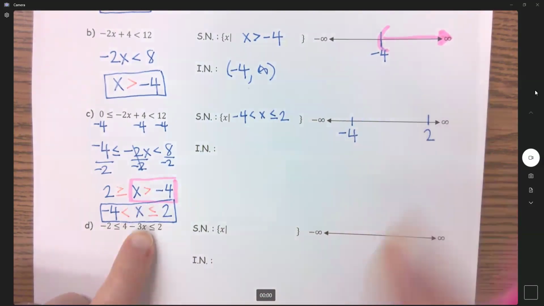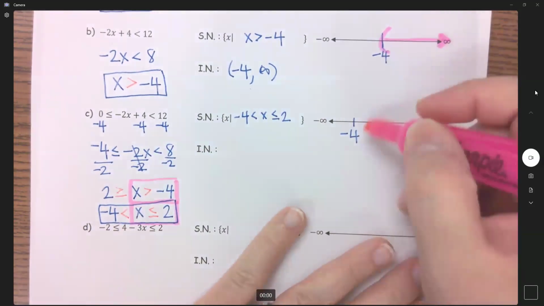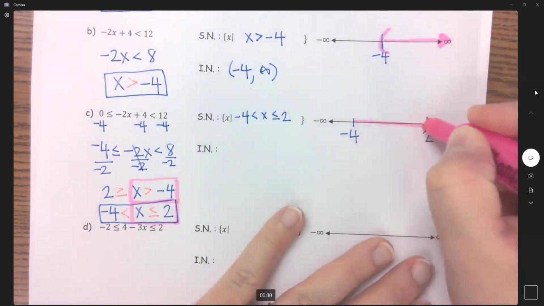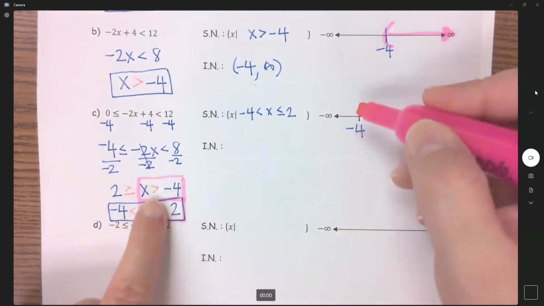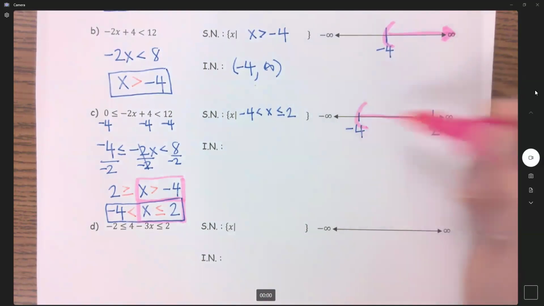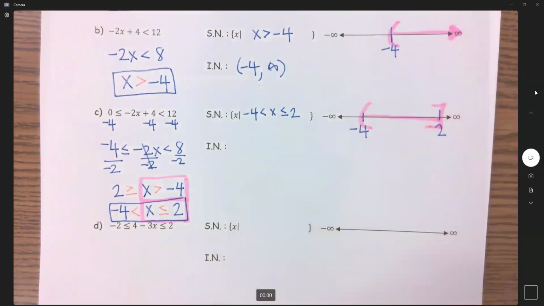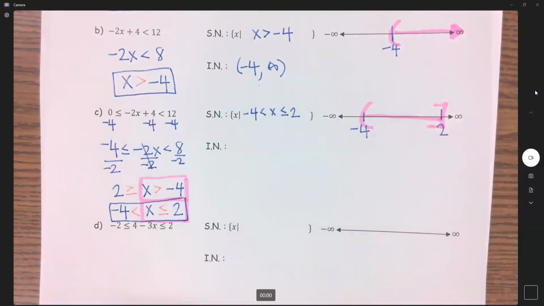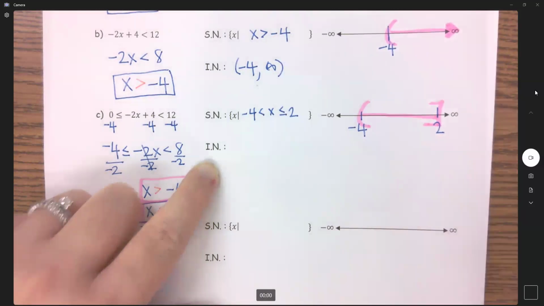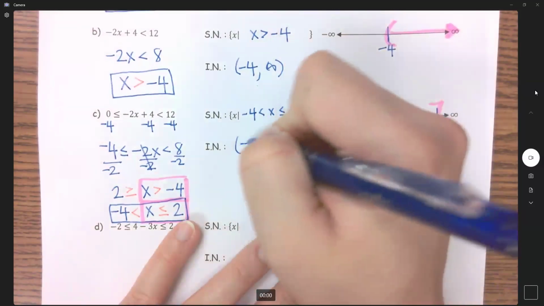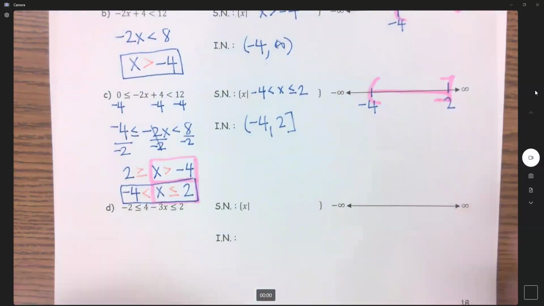And then here we have that x is less than 2. So we're talking about everything here in between. At -4, we need parentheses. And at 2, we need a bracket. So in interval notation, it looks exactly like this. We are going parentheses, -4 to 2 with a bracket.